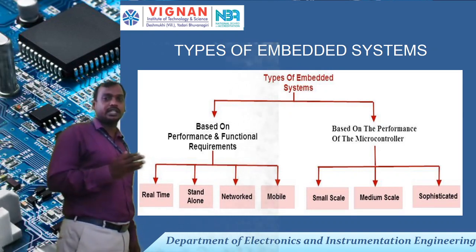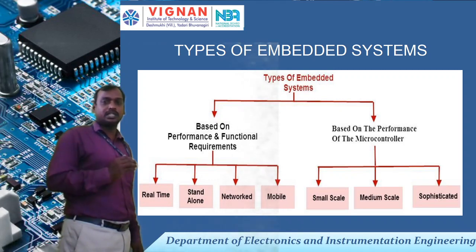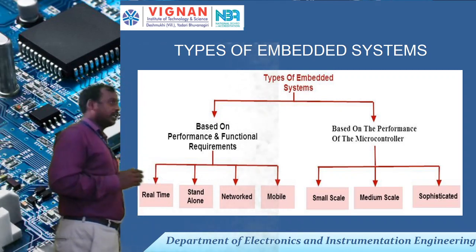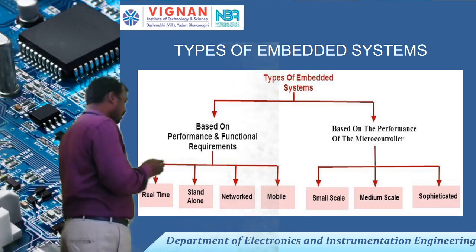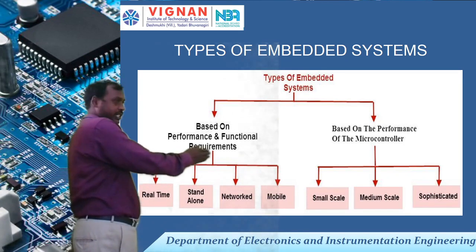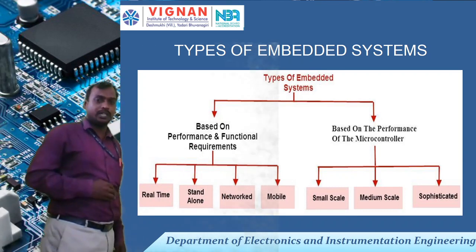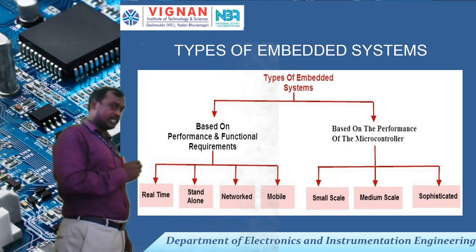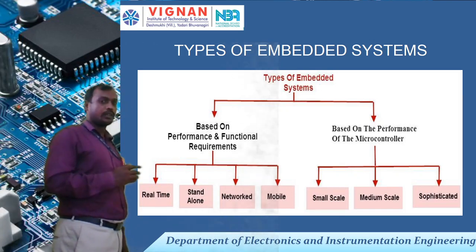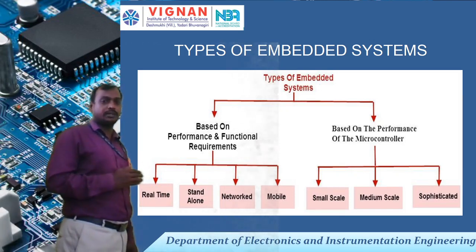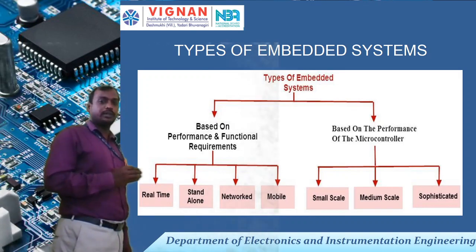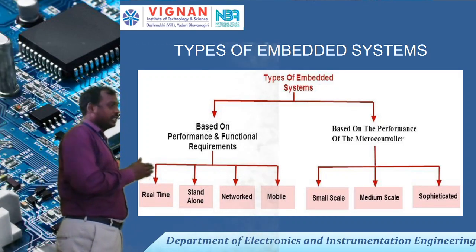Another type is based on the performance of the microcontroller. Here again there are three types: small scale, medium scale, and sophisticated. For the small scale embedded system, we choose 8-bit or 16-bit microcontrollers, for small applications.